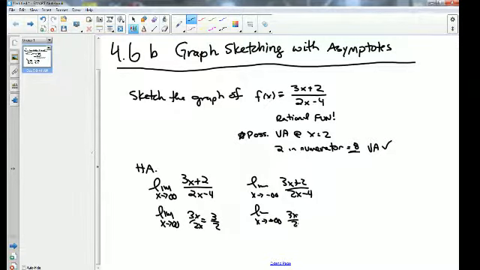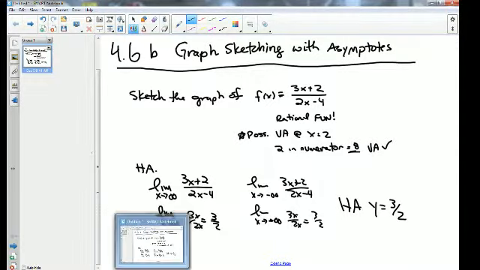It's still positive. Okay, so a horizontal asymptote, 3 halves. Let's make it a y equals. Caught myself that time, I guess. Okay, so we know where our asymptotes are.